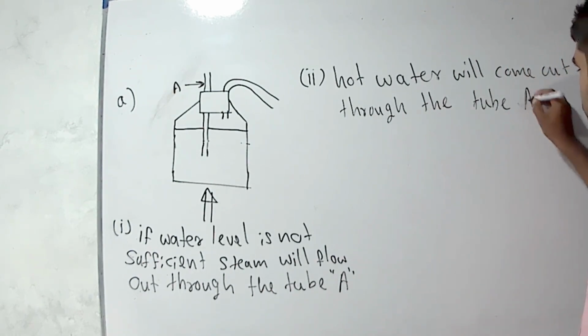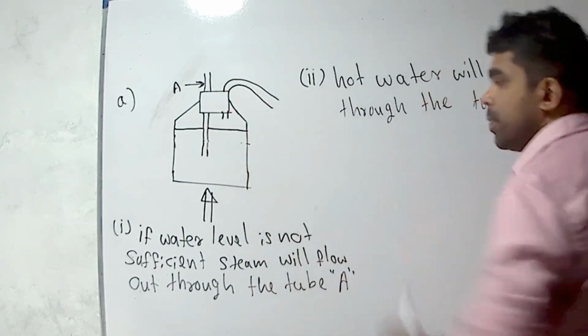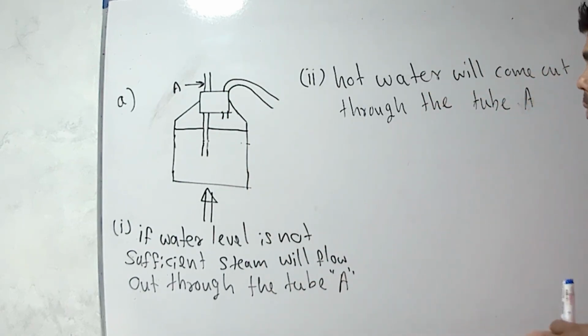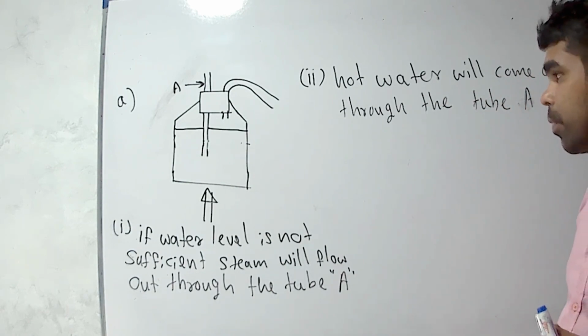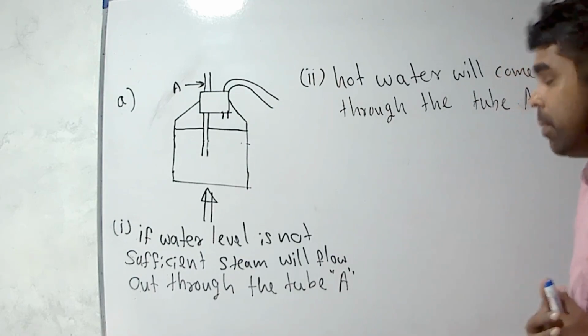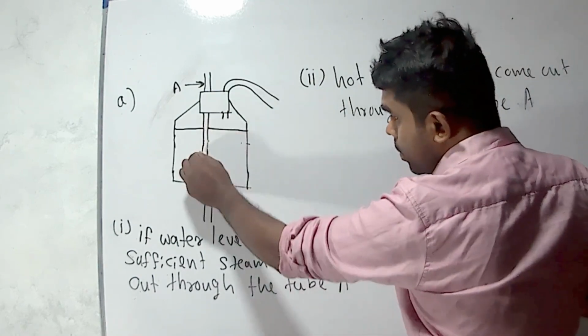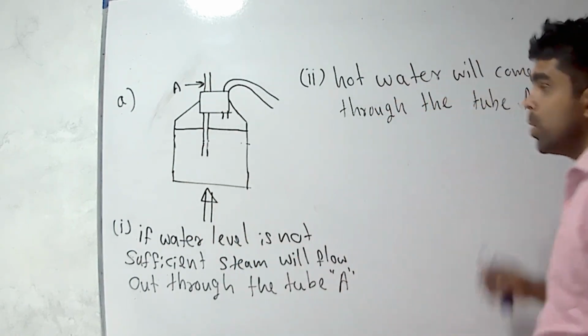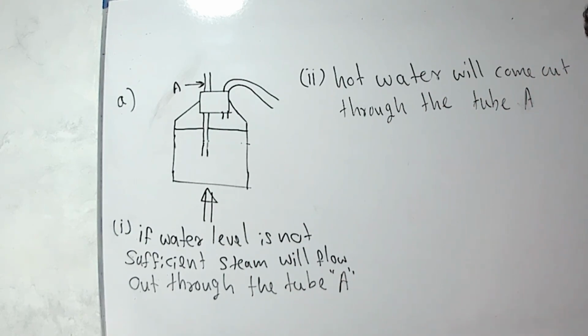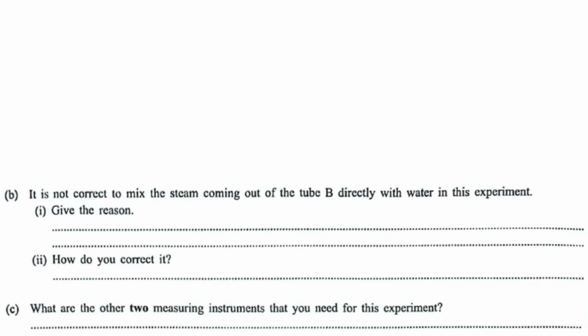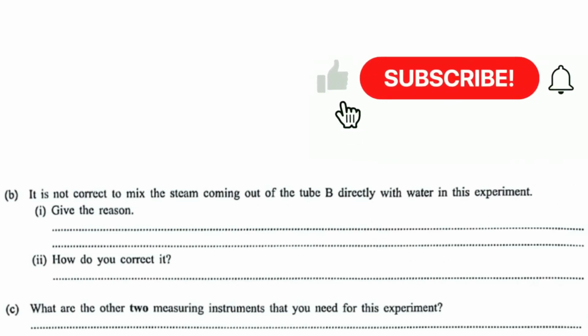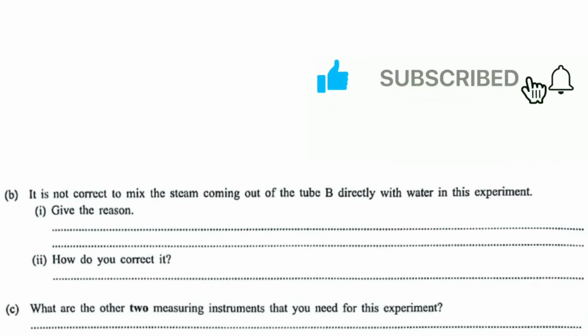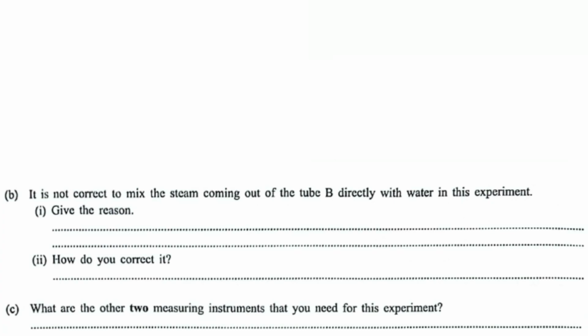If the rubber tube is blocked, there is no method to bring steam out of the system. Then we can see that this boiled water comes out through the tube A. Then part B: it is not correct to mix the steam coming out of the tube B directly with water in this experiment.